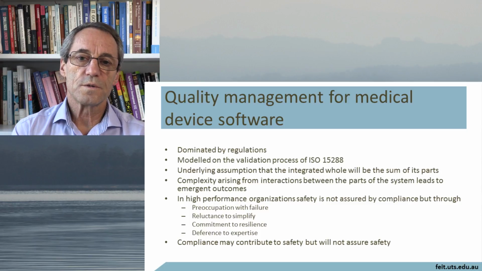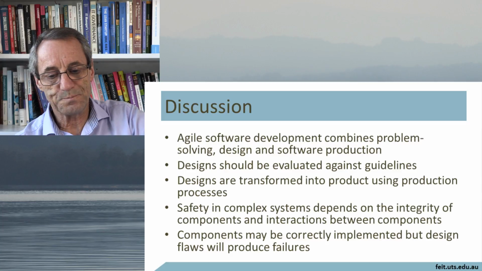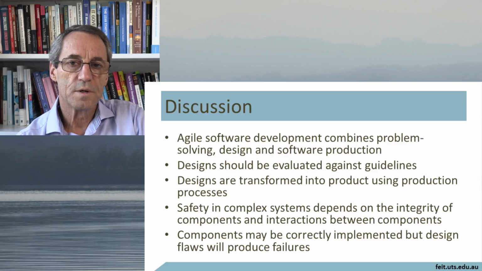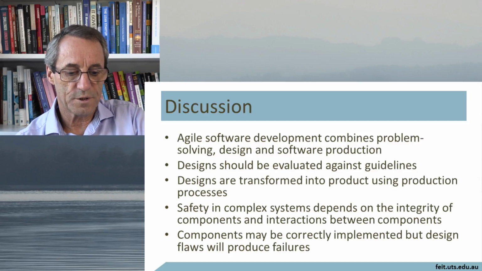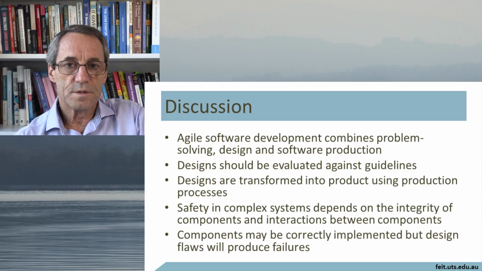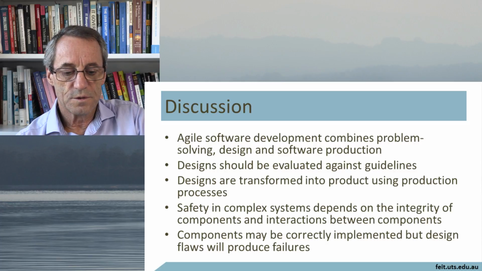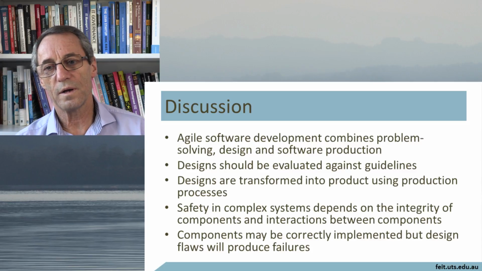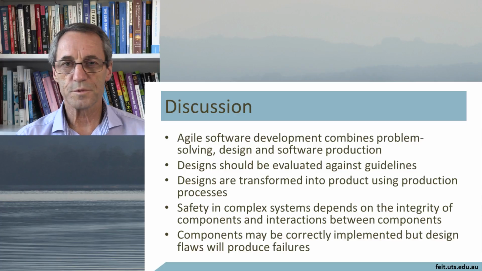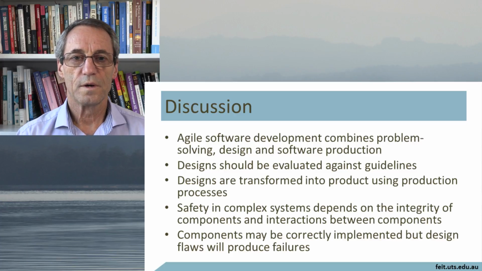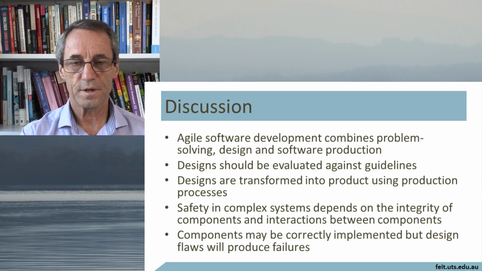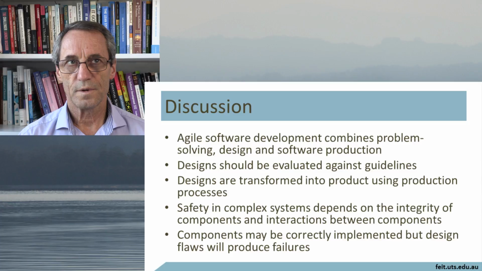So what does all this mean? Well, we know that Agile software development combines design and production. Designs, we think, should be evaluated against guidelines. You can't assure a design by demanding conformance to a process. It just doesn't work that way. With the design, you produce it and then you evaluate it against guidelines and constraints and objectives.